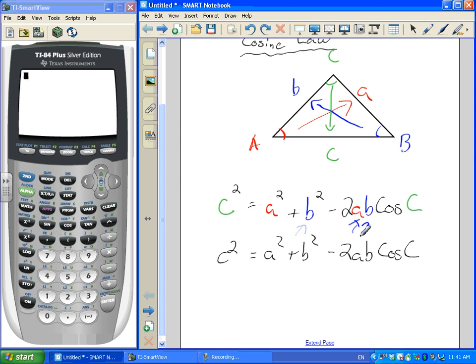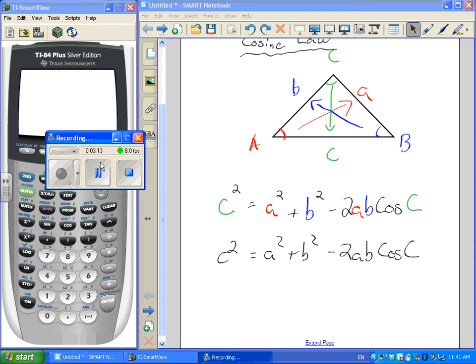We are setting up our triangle to only solve for side C or angle C. So you may need to rename your triangle to make sure it's set up for side and angle C. You're going to see what I mean when I start to do the first question here.